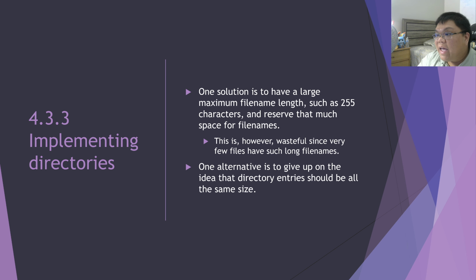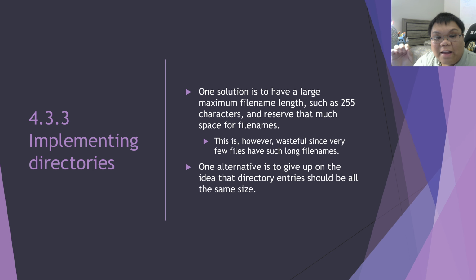Well, one solution is to have a large maximum file name length, like 255 characters. So, for each directory entry in the file system, we reserve that many bytes of space for each file's directory entry. However, this is wasteful because not every file needs that long of a file name.